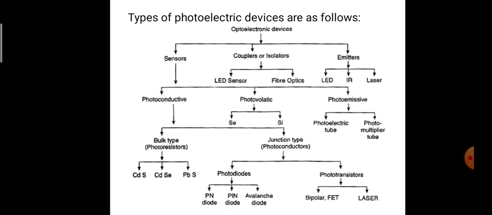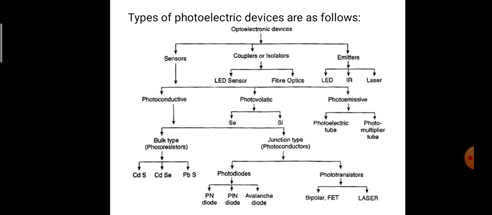The photoconductive again has two types: bulk type or photoresistors, and second one, junction type or photoconductors. Photoresistors are again classified into three types: CDS, CDSE, PBS.